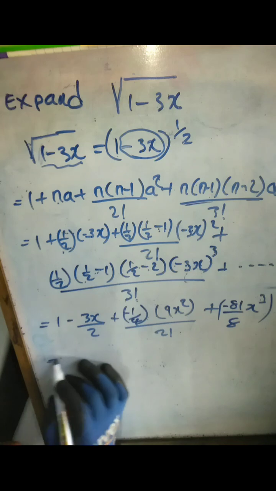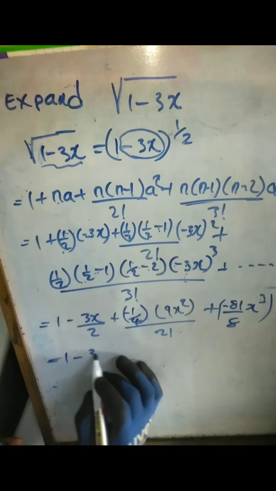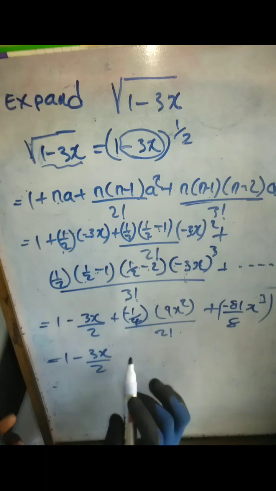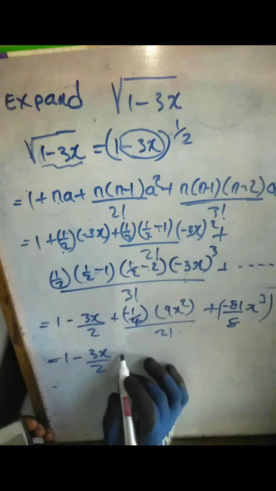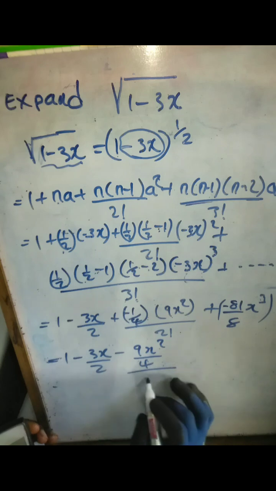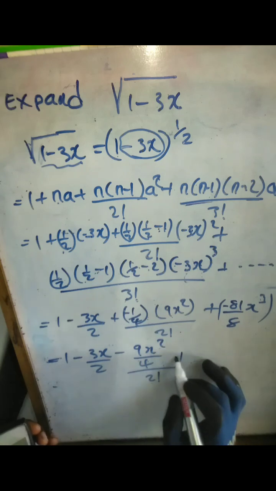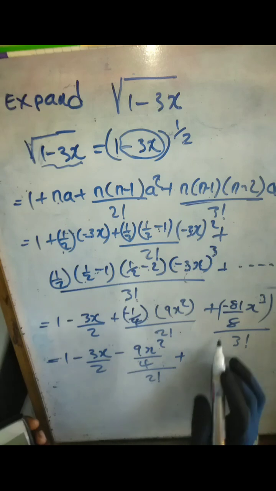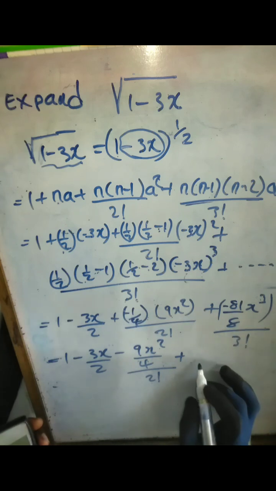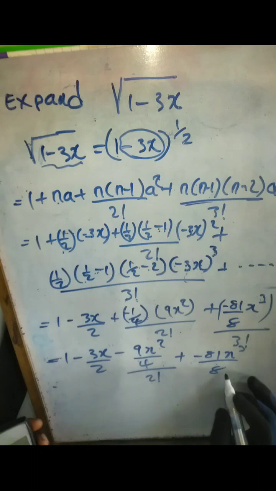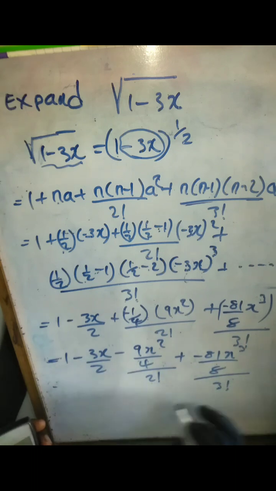That's the last one. So now this gives us 1 minus 3x over 2, then this other one, 1 over 4 times 9, we are going to have negative 9x squared over 4, again over 2 factorial, plus then this other one, oh sorry, this is 3 factorial, so we're going to get this now as negative 81 x to the power 3 over 8, again over 3 factorial.